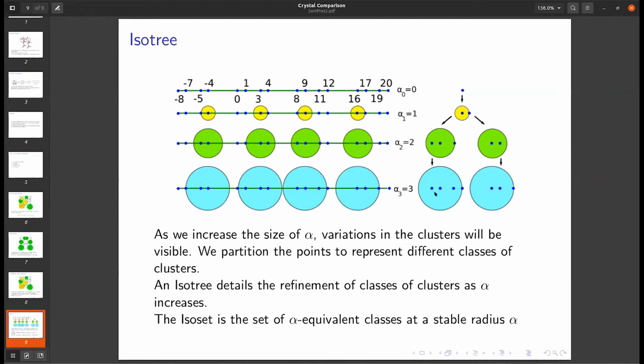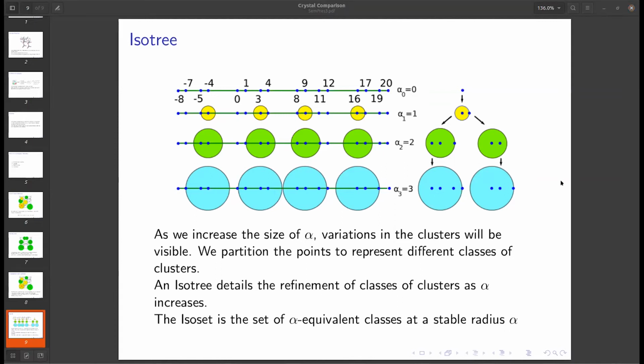And if we want to compare 2 crystals, we simply take the largest stable radius and compare the 2. We've got ways of comparing 2 crystals that way. So we end up with a continuous, complete, reconstructable invariant for crystals.